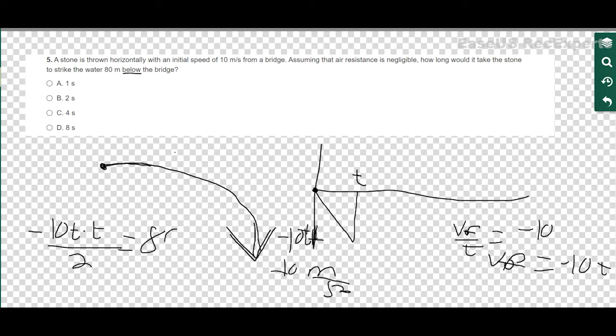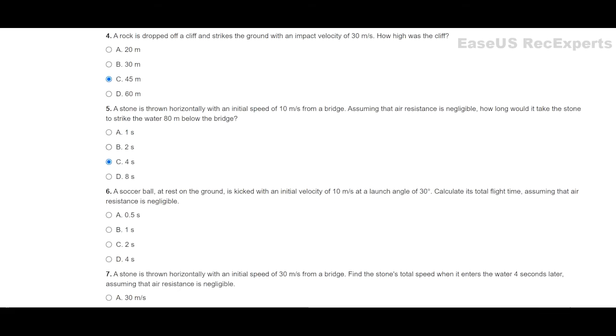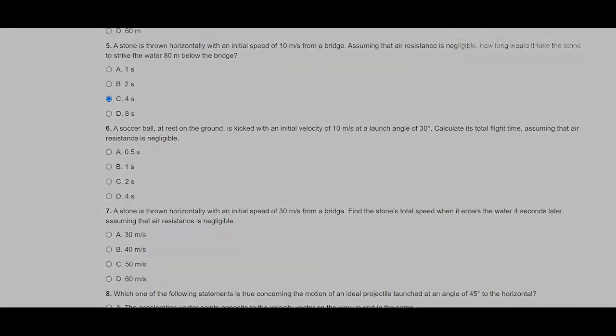It's going to be equal to negative 80. So then you get negative 10t squared is equal to negative 160 if we move the 2 to the other side, now we'll isolate the t's. T squared would be equal to 16, thereby making t equal to 4 if we take the square root, and that corresponds to choice C. Now let's move on to question 6.